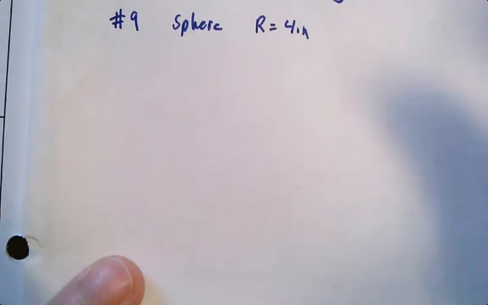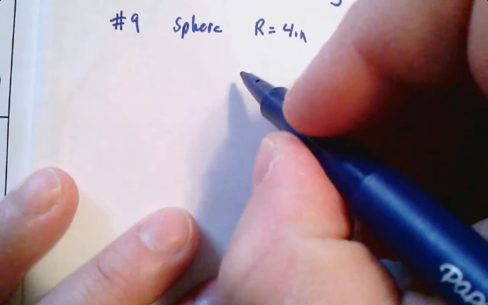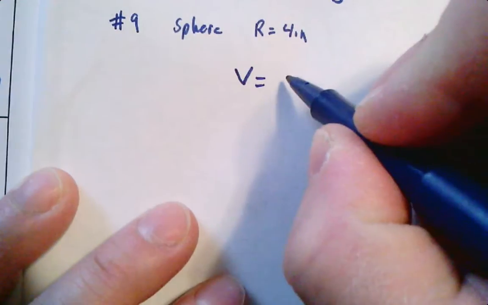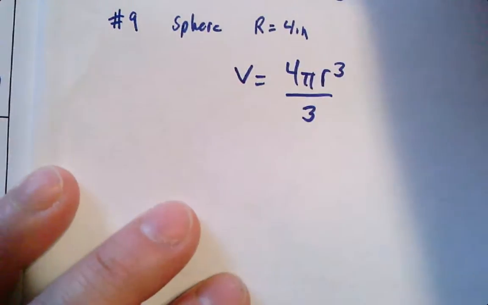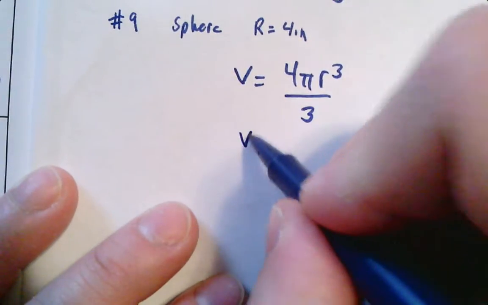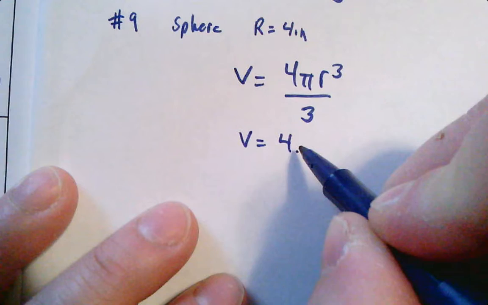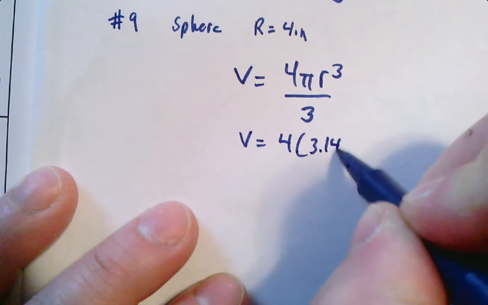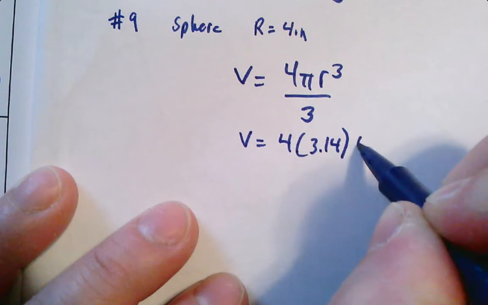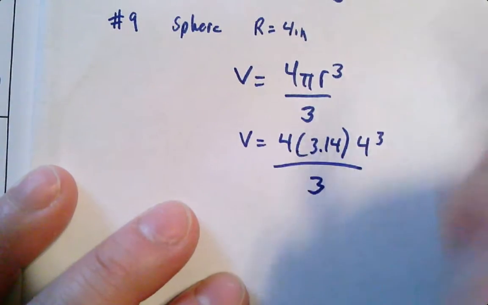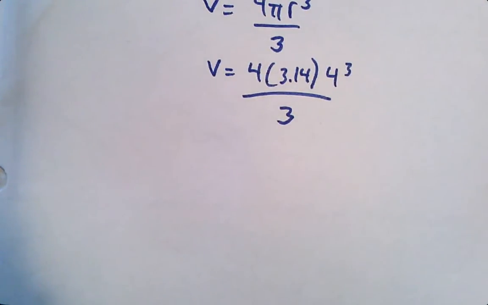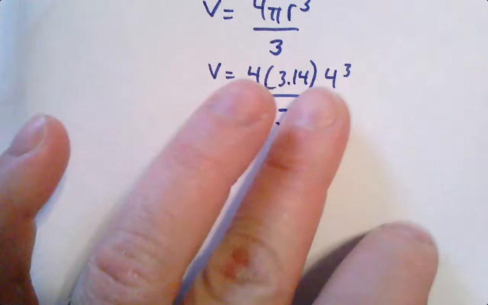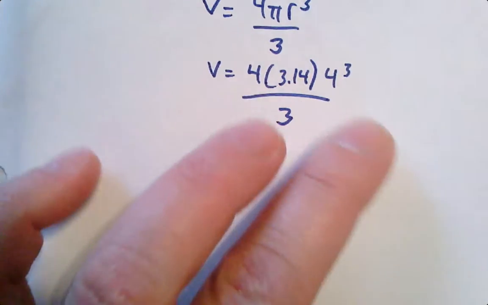So this one, we're going to do volume equals 4 pi r cubed divided by 3. Plug in the numbers here. Volume equals 4 times 3.14. The radius is 4, cubed, divided by 3. I'm going to kind of cheat a little bit here. 4 times 4 is 16, times 4 is 64.